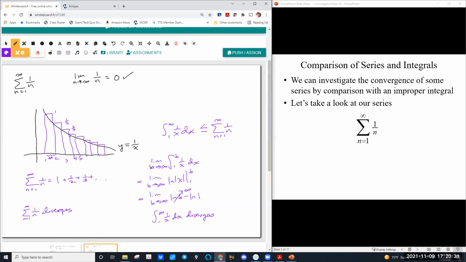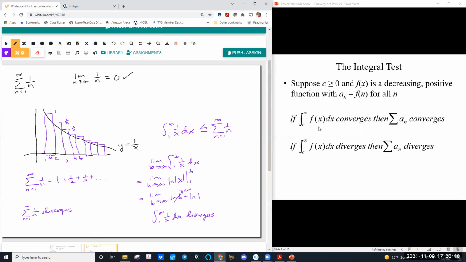Now, we don't want to have to set this up for every single one, but we can formalize this into one of our tests, and that is called the integral test, which is basically what we just did. You turn this into a function, you turn this sigma into an integral sign. This lower limit becomes the lower limit of your improper integral.